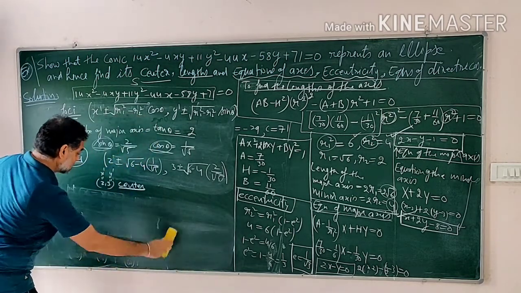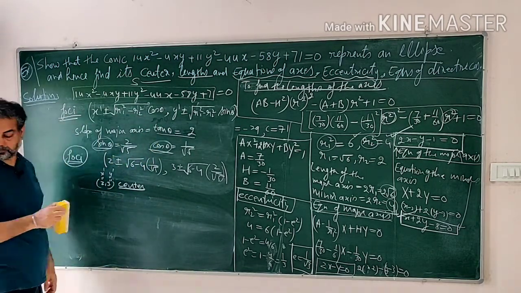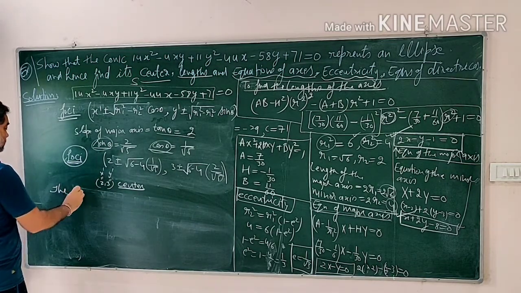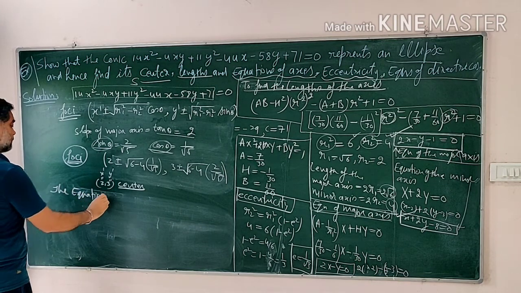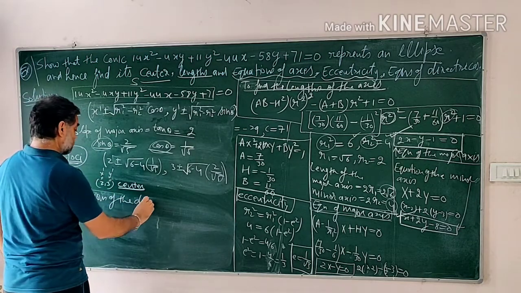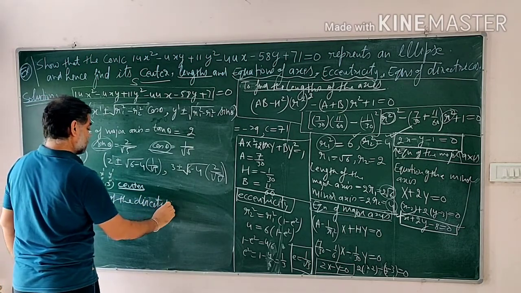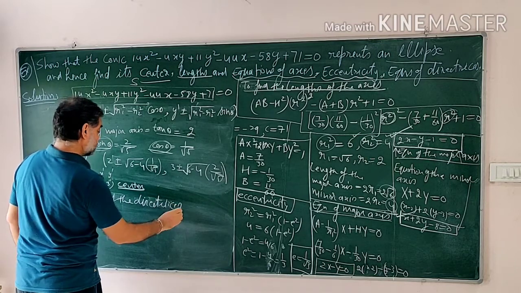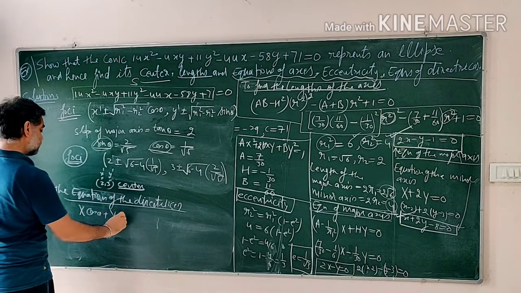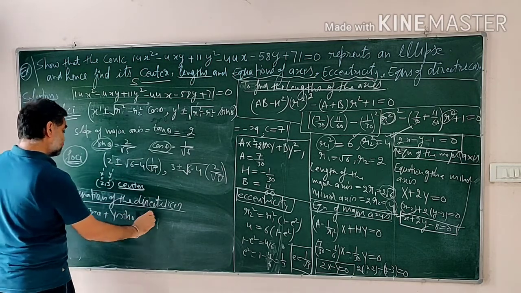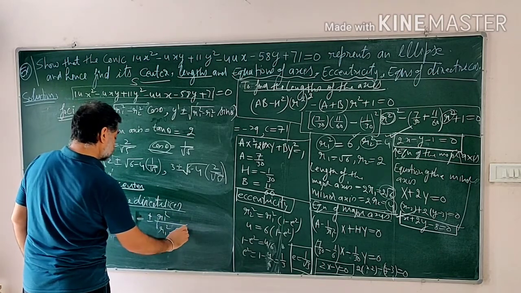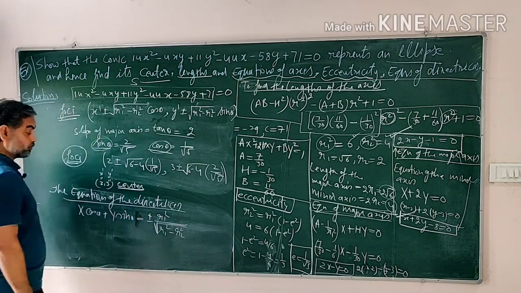The equations of the directrices are given by x cos theta plus y sin theta is equal to plus minus r1 square over r1 square minus r2 square under root.